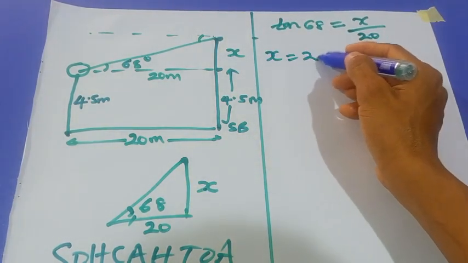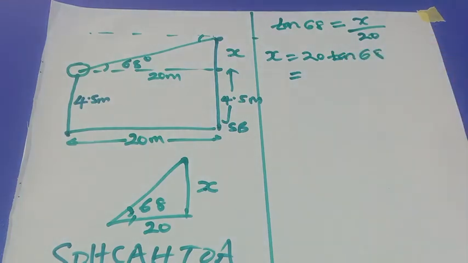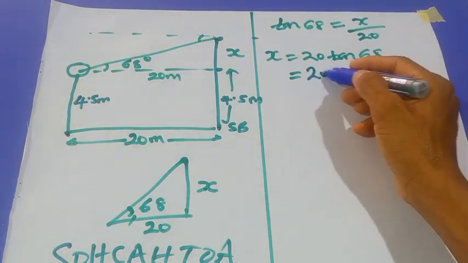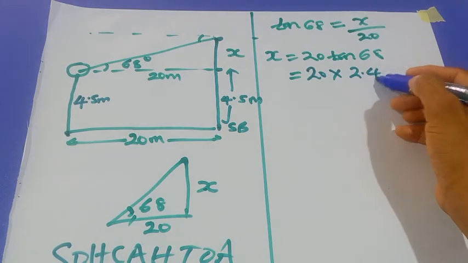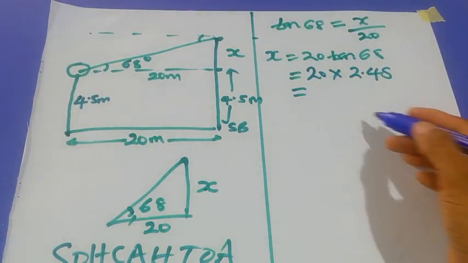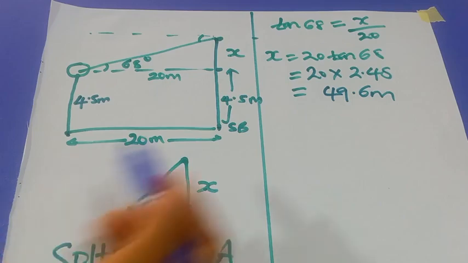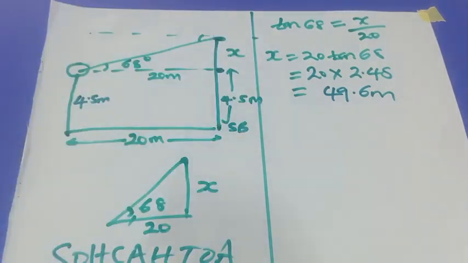So x will be 20 times tan 68. Tan 68 is 2.48. 20 times 2.48 will give us x as 49.6 meters.